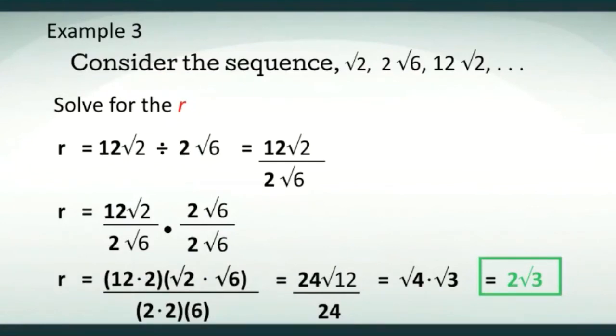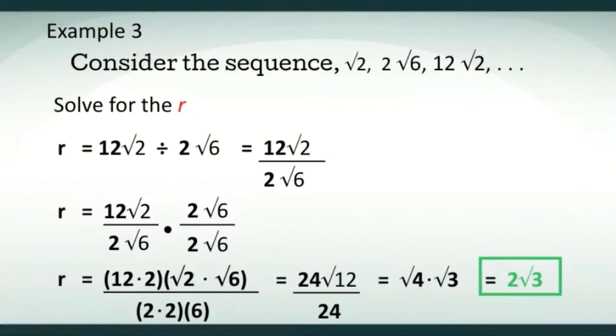Any question? Why is it 2 square root of 3? Remember, 24 divided by 24 becomes 1, so it is an imaginary 1. What is left is square root of 12. We break it into factors: square root of 4 and square root of 3.